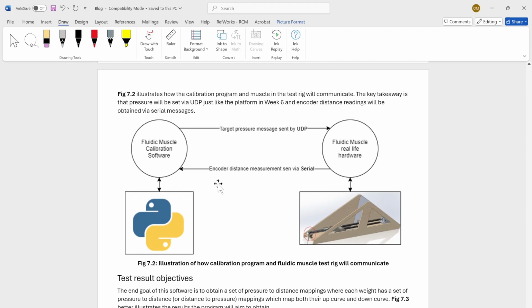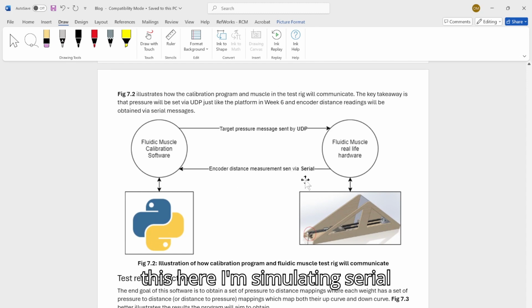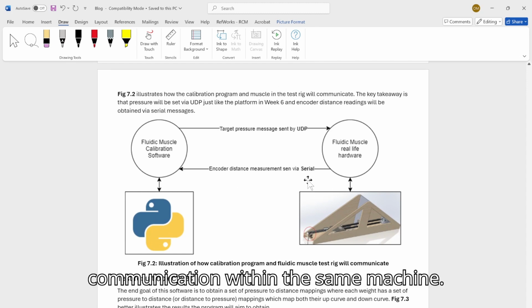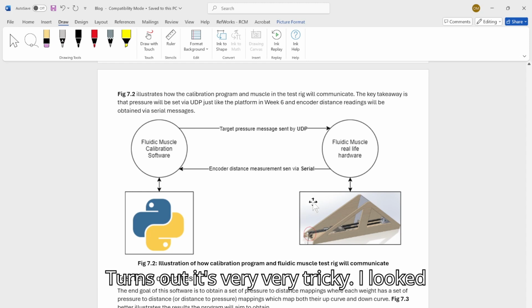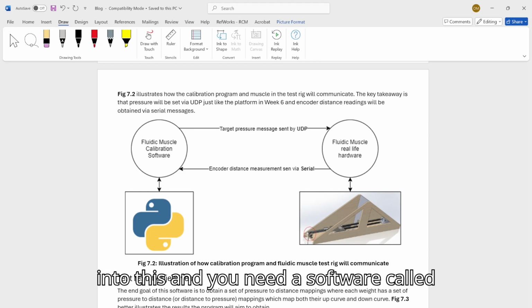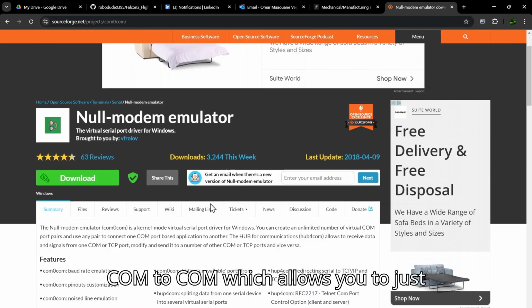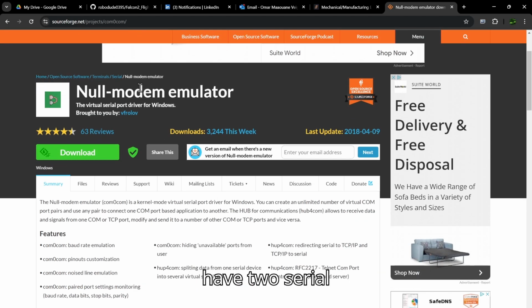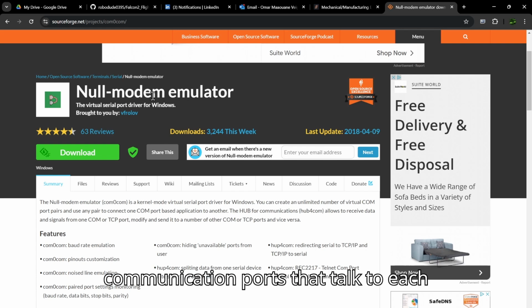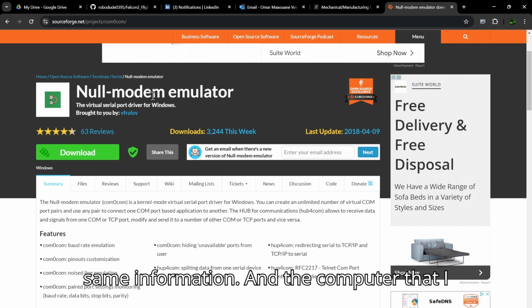But simulating serial communication within the same machine turns out to be very tricky. I looked into this, and you need a software called com0com, which allows you to have two serial communication ports that talk to each other and just send each other the same information.